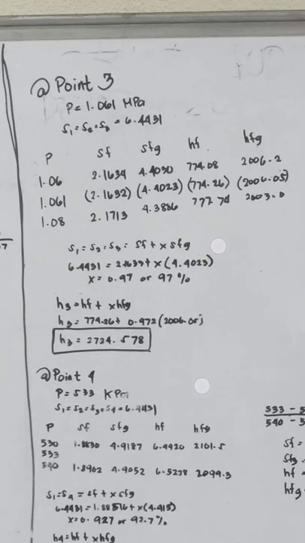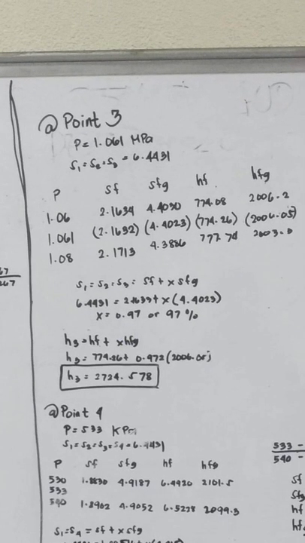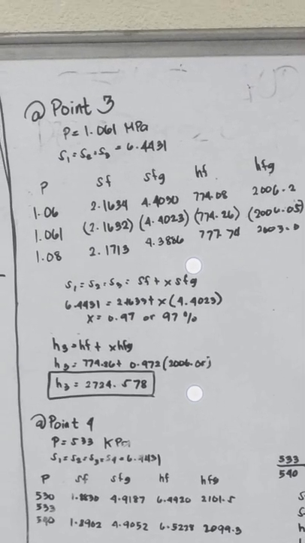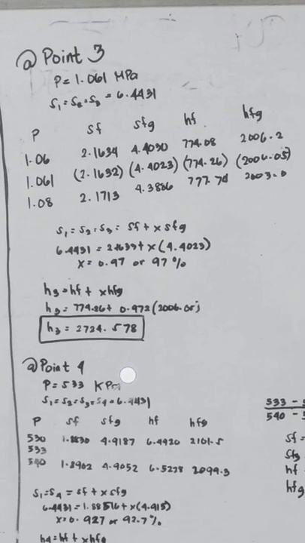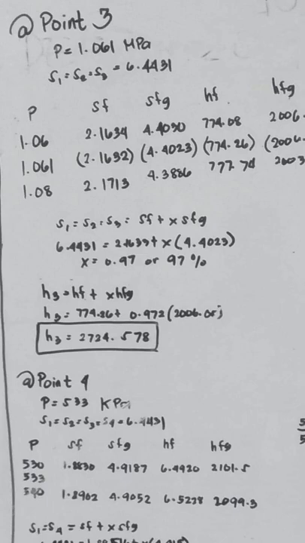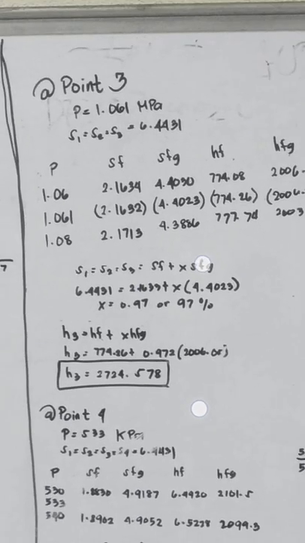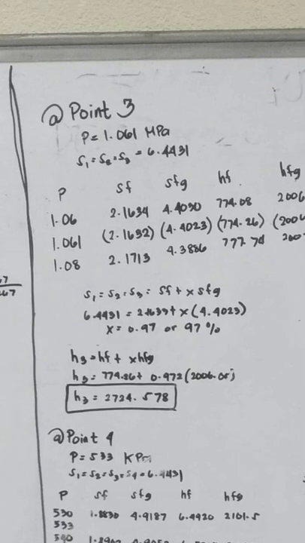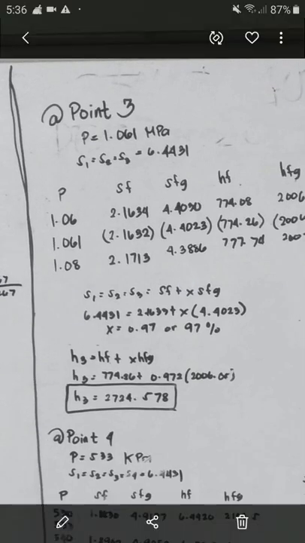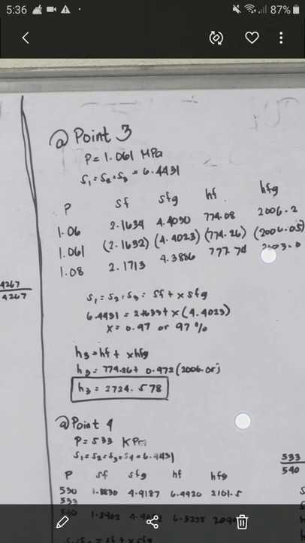Since we have the quality x, we use the equation H3 equals HF plus x HFG.